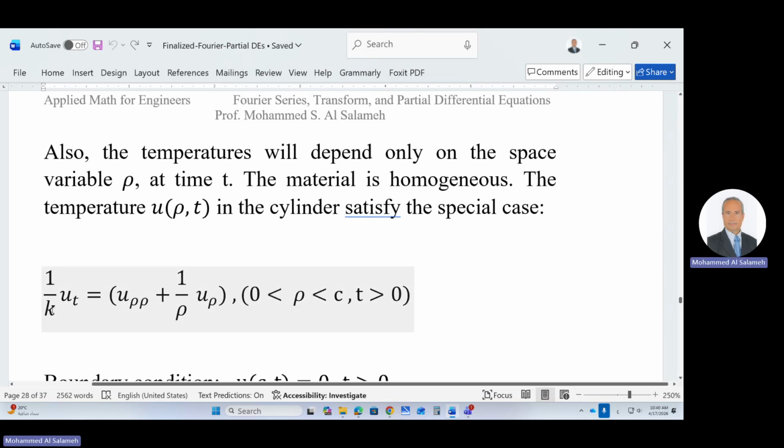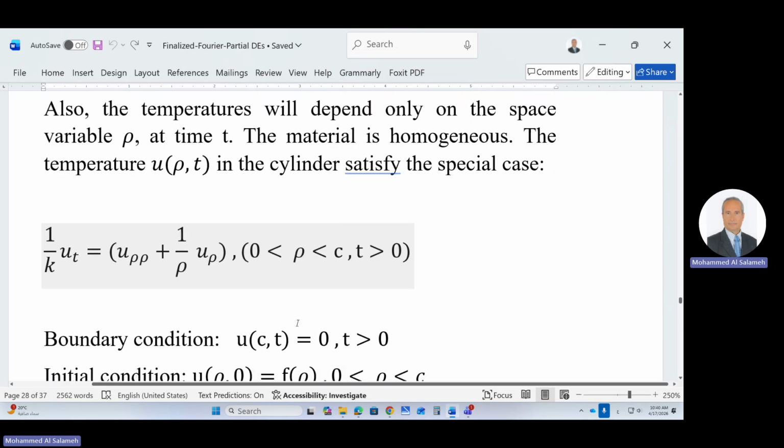1 over k du by dt, the partial derivative of the temperature with respect to time, equals the second partial derivative of u with respect to rho, plus 1 over rho times the first partial derivative of u with respect to rho, where rho varies from 0 to c and time is greater than 0.